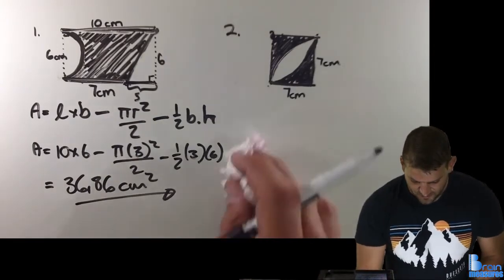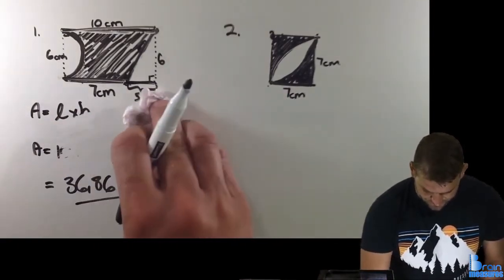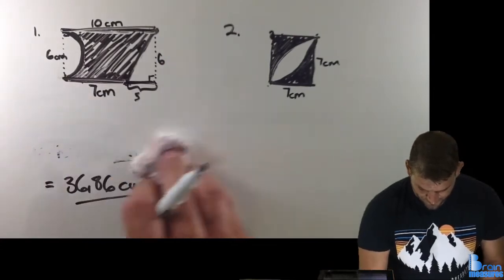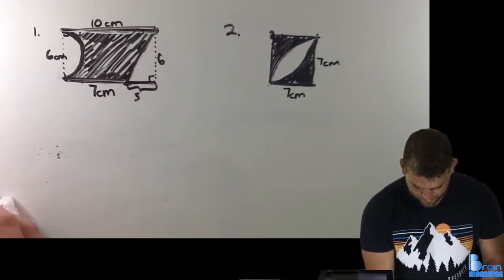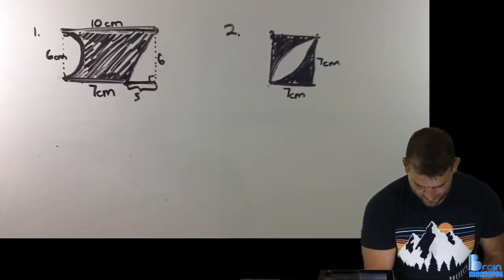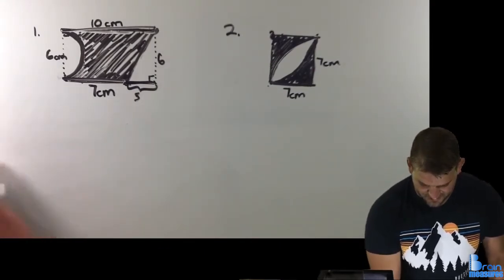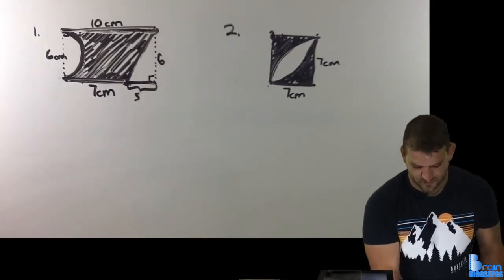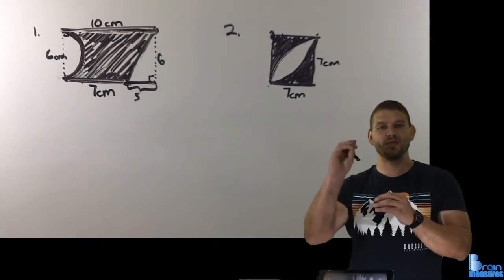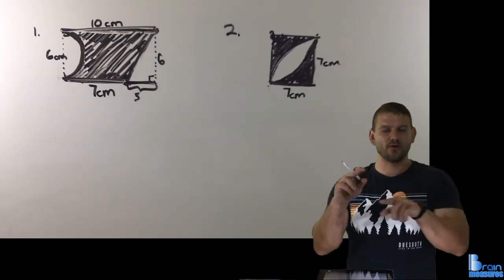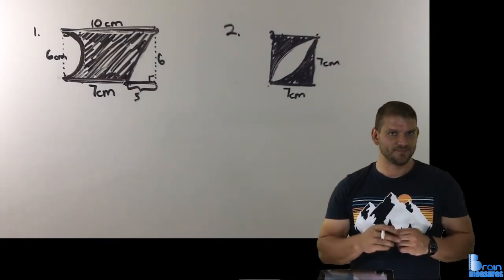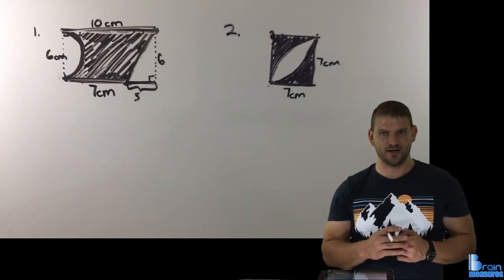Alright, so to work out the perimeter, the concept remains the same. The concept to work out the perimeter is you pick a point and then you start walking all around the shape in order to calculate it. And that's the same thing we're going to do here now.